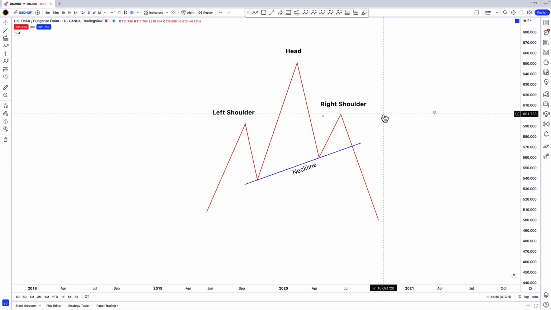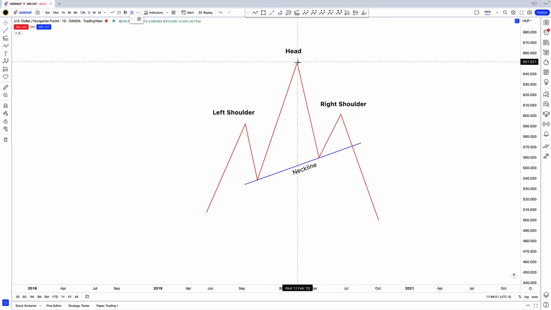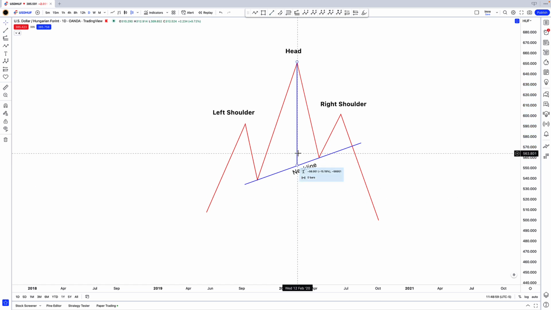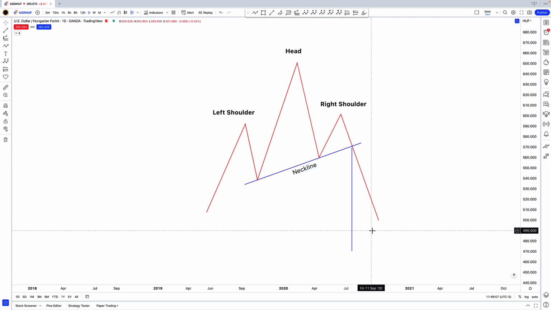The stop loss is very straightforward. You'll place your stop loss above the right shoulder. Finally, the target for a head and shoulders pattern is derived using what's known as a neckline measurement. The neckline measurement is derived by drawing a trend line straight 90 degrees from the top of the head to the neckline and then overlaying that at the point of breakout from the neckline.